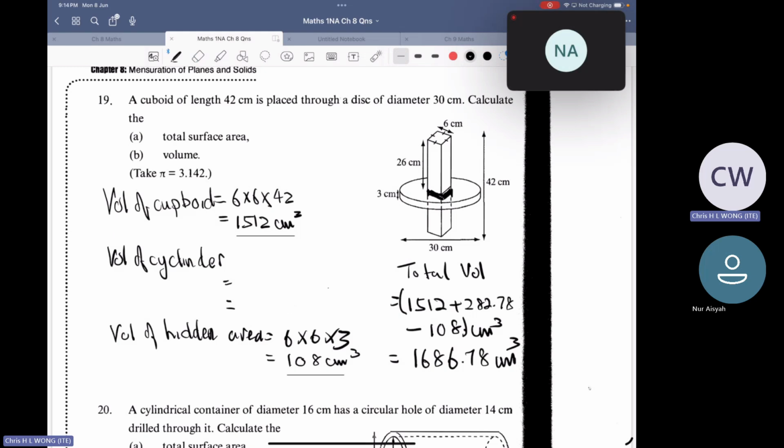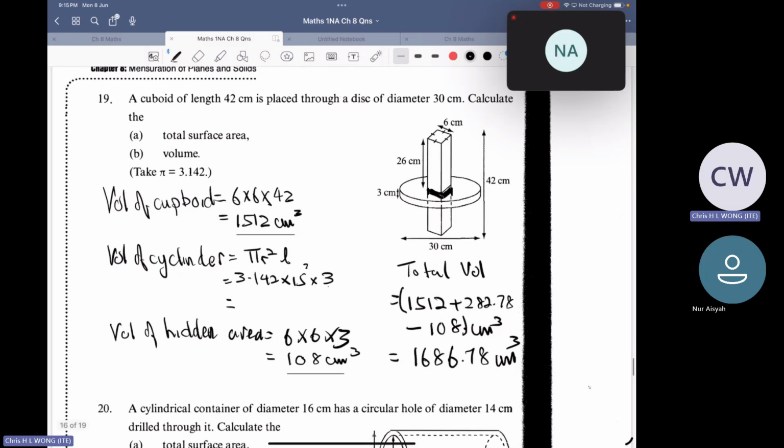Equals pi r squared L, 3.142 times 15 times 15 times 3. No wonder it's wrong. Confirm: 2120.85 cm cube. Underline.